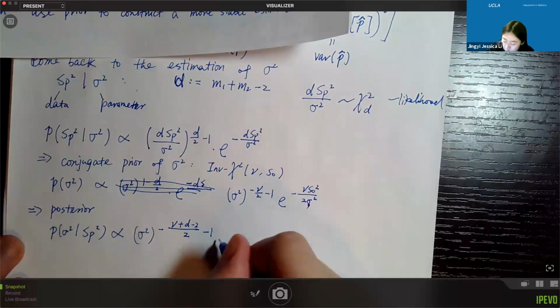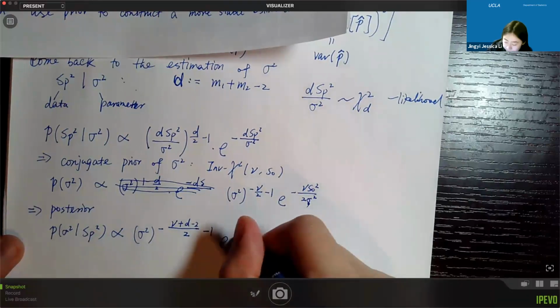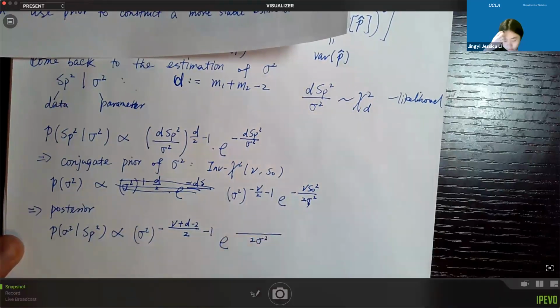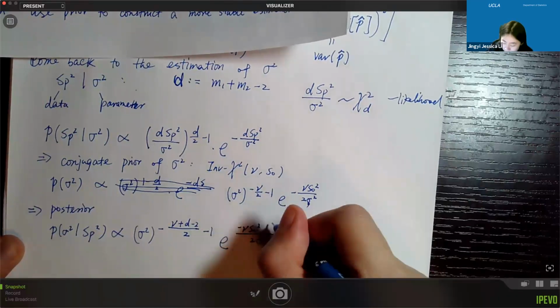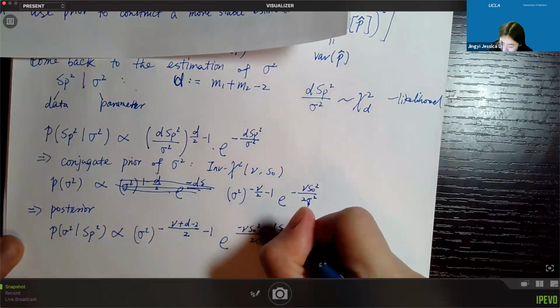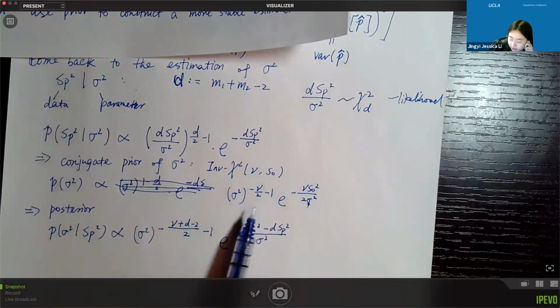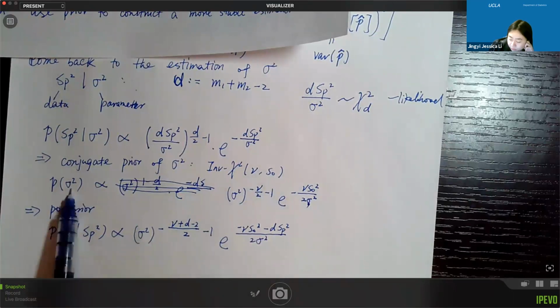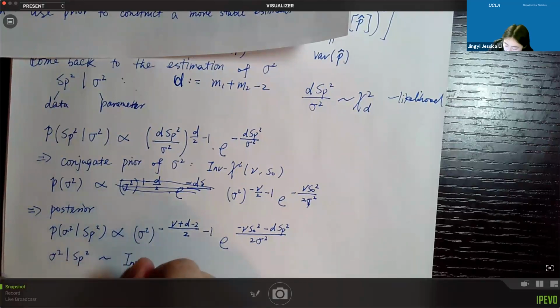And the second exponential term, by simplification, I can obtain it as negative nu S0 squared plus d SP squared over 2 sigma squared. Okay, so now you can recognize by comparing this posterior form that clearly it's in the same family as the prior, both inverse gamma.